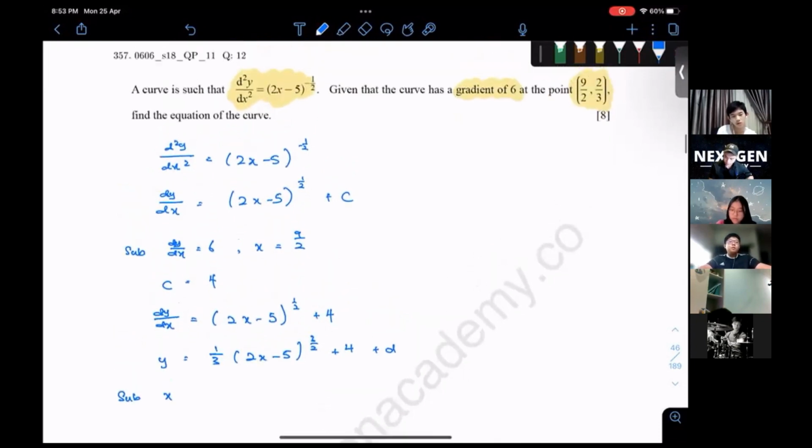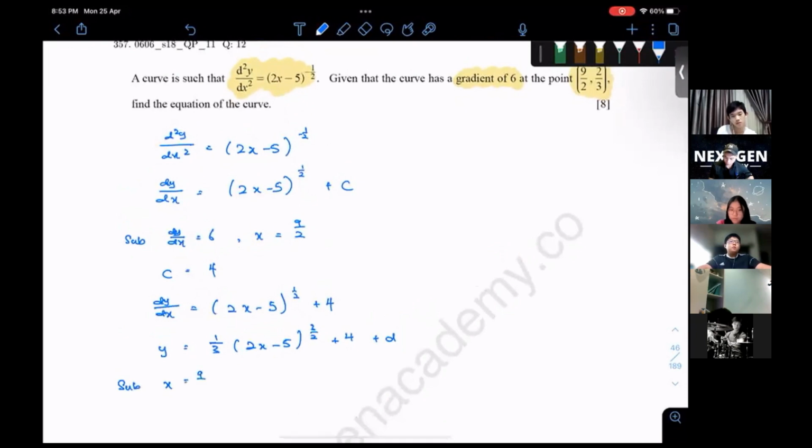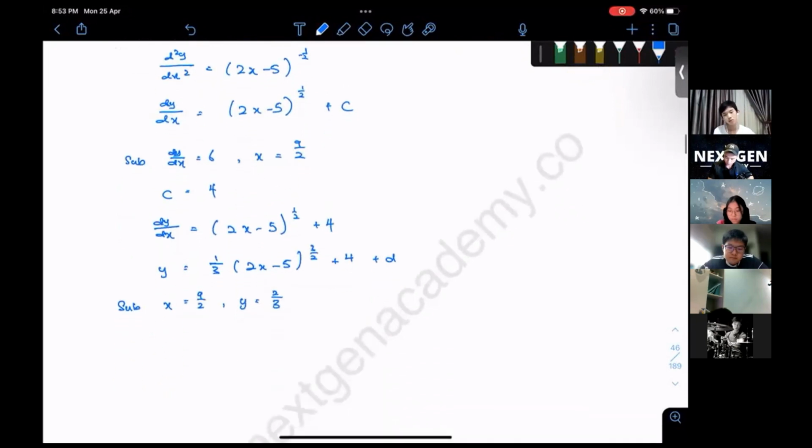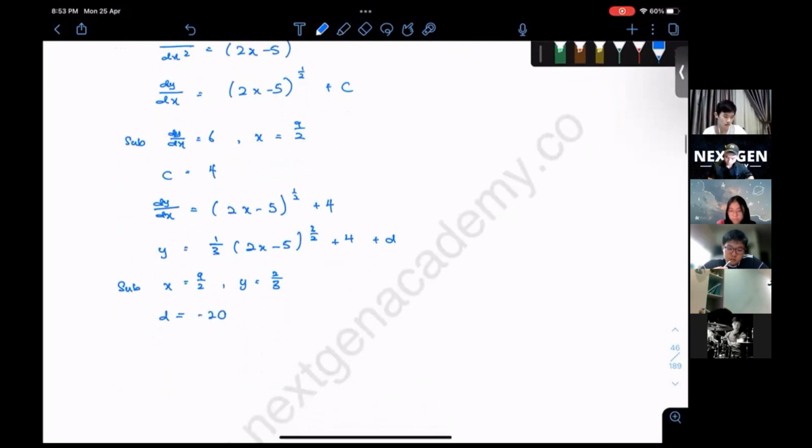Substitute x equals 9/2, y equals 2/3, and you'll get your d value, minus 20, which your final answer will be this. Don't go and write like this in exam. You all got to write all the steps. I'm just giving you the answer here to check.